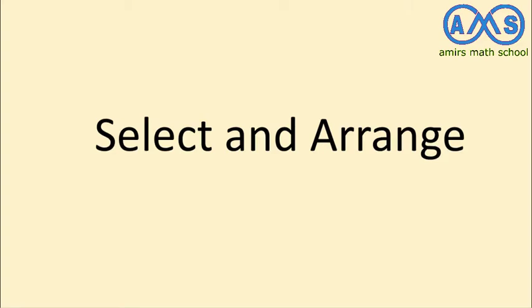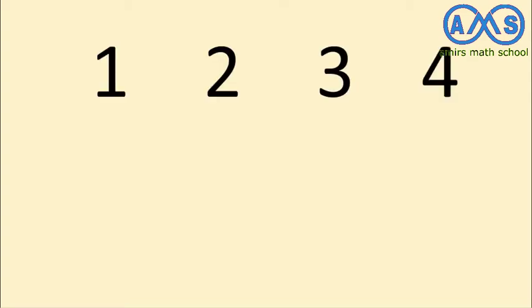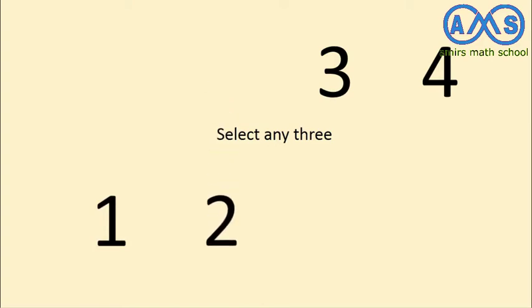Now let's learn select and arrange. Suppose we have 4 digits 1, 2, 3 and 4, and we want to select any 3 from these 4 digits. In this case, we have to take 3 digits out of these 4 digits. We can choose 1, 2, 3 or any 3 digits from these 4 digits.